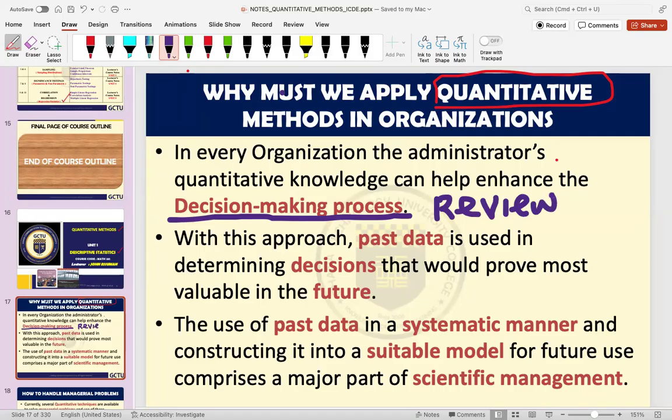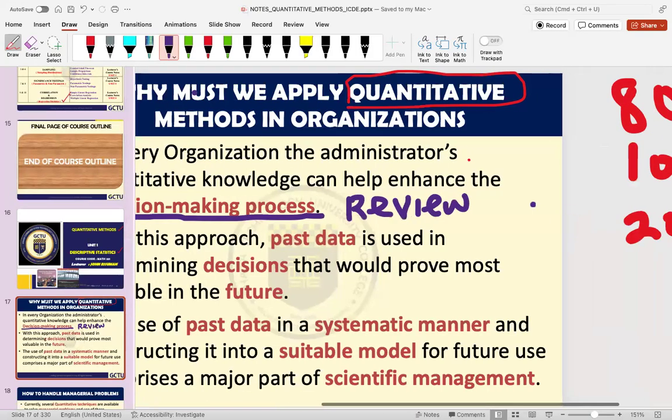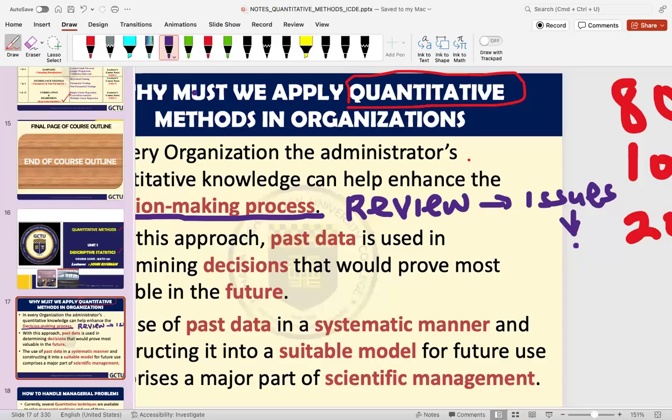Once you review your business, either you have challenges or issues that are fighting against your business. Once you see the issues, you then solve the issues.